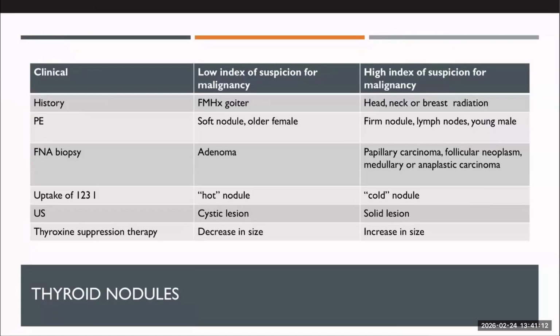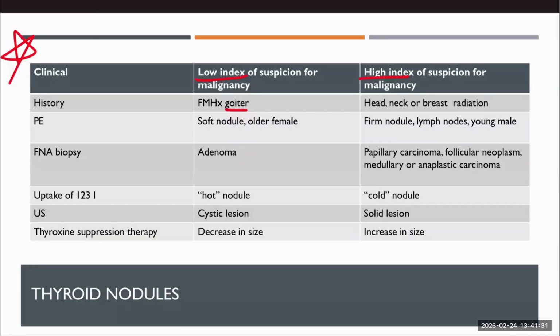So this is a good chart to tell you what you find. Is it a low index of malignancy or a high suspicion of malignancy? If they have a history of goiter in the family, low risk of malignancy with that nodule.